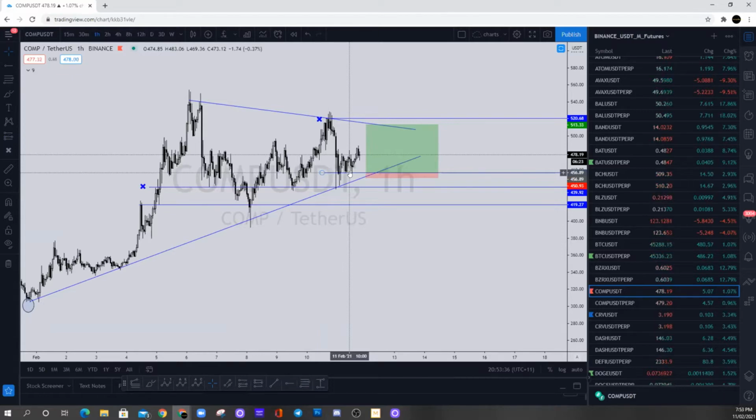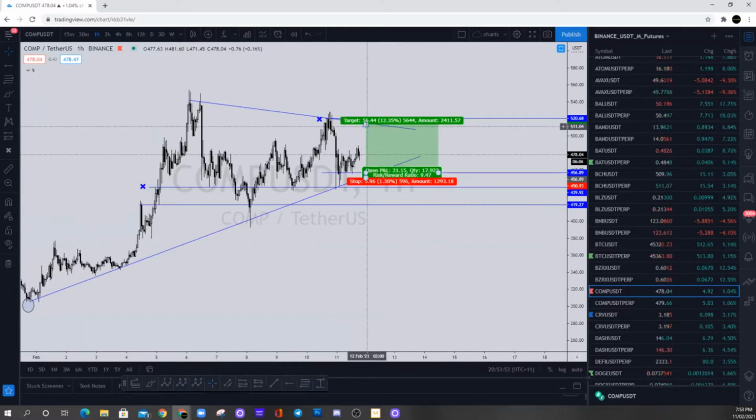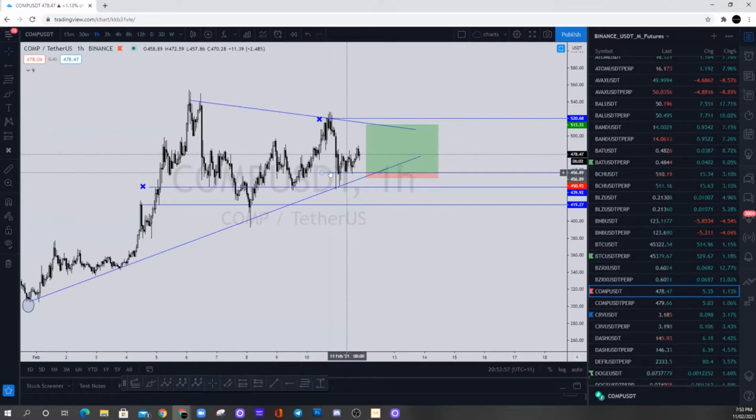Now, trading and technical analysis isn't a crystal ball. It's probabilities. It's laws of probabilities. You just got to weigh up those probabilities with your trade plan and your trading style to basically enter positions based on just that. So I'm looking at this going, well, here's some support here.